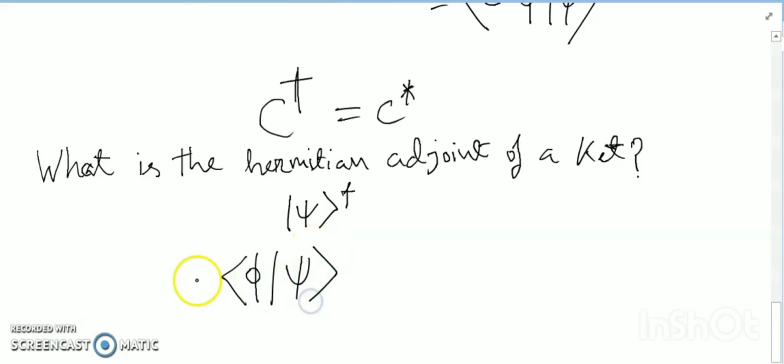So what is the Hermitian adjoint of an inner product? Now the question is not the ket, it is the inner product.